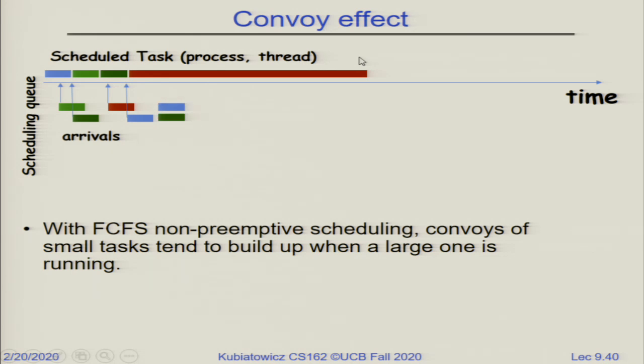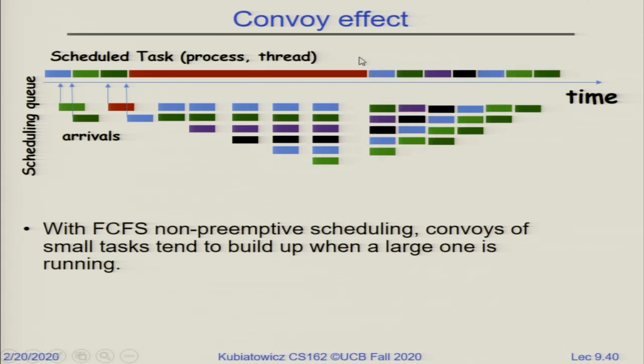But if our arrivals keep happening, notice what's happening here. We're building up. So all of those jobs arrived, and now they're stuck. Right? This is like buying milk at the supermarket. You go to the 5 items only line, and there's somebody with a cart full of potato chips or something, right? So the convoy effect is a real problem that shows up with FIFO.